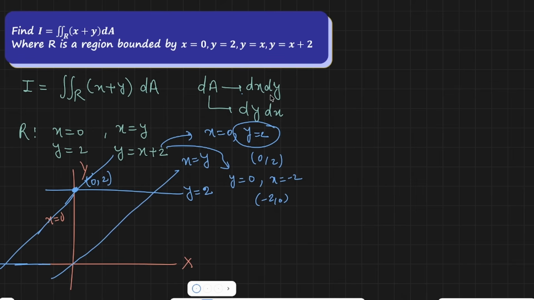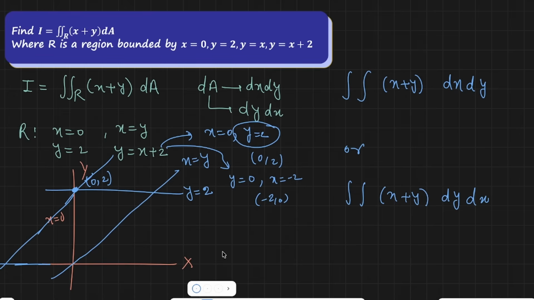It totally depends on which integral you want to find out. I can write the integral of x plus y dx dy, or the integral of x plus y dy dx. Let's say if I want to solve dx dy, then it means a strip parallel to the x axis.